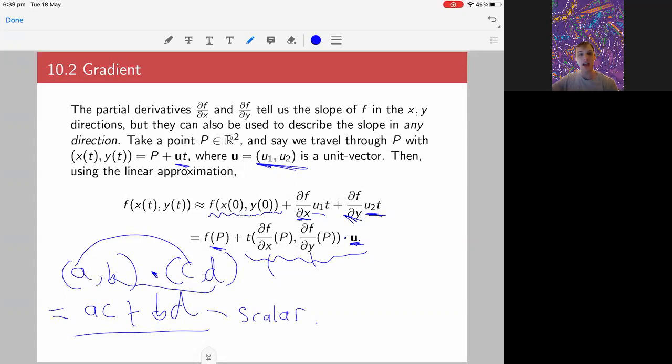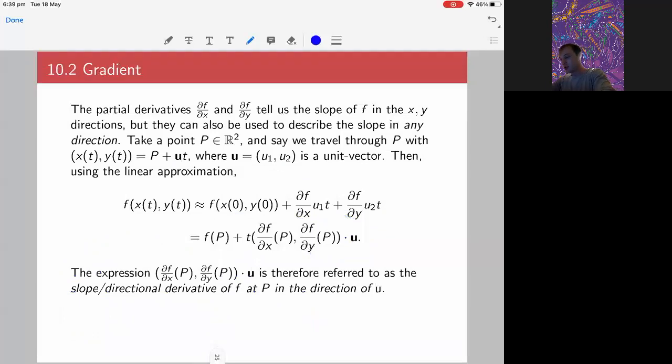So I'm basically now in a position to find the slope. The slope is just going to be this, everything here except for the t. So this here is therefore going to be the directional derivative of f at the point P in the direction of u.